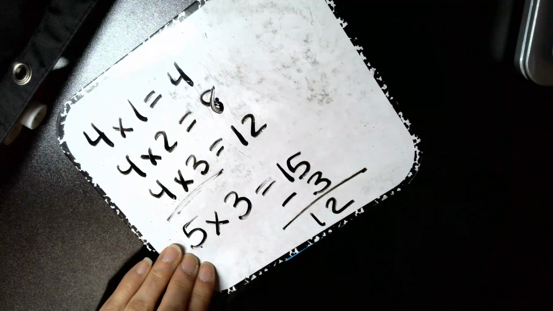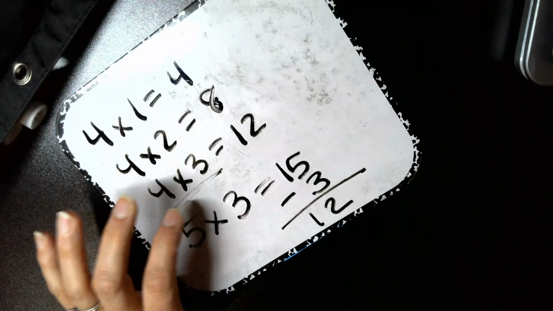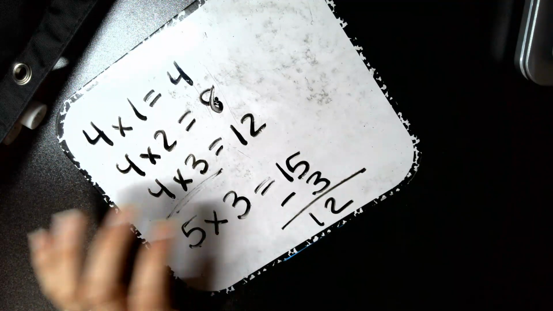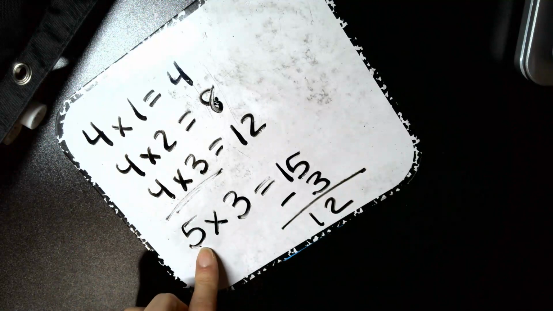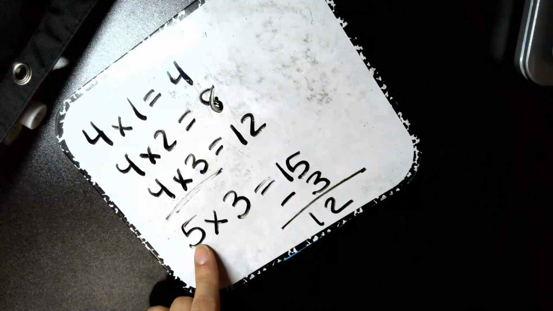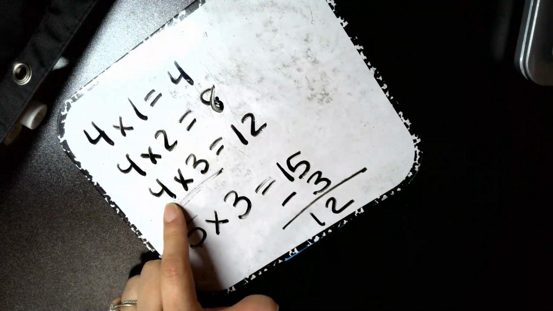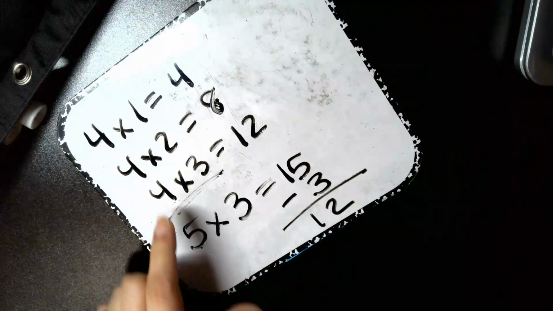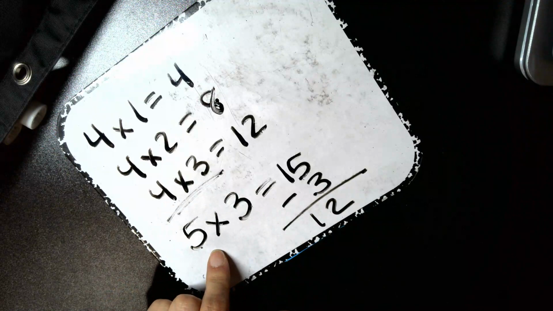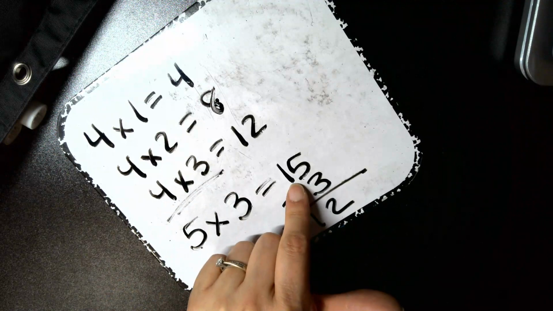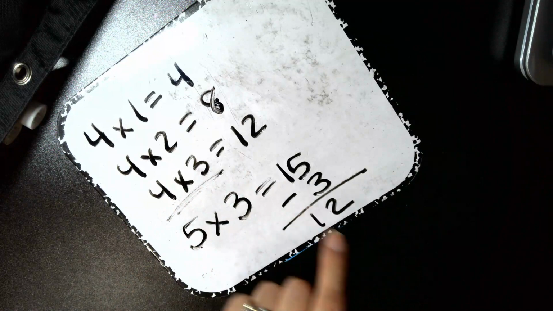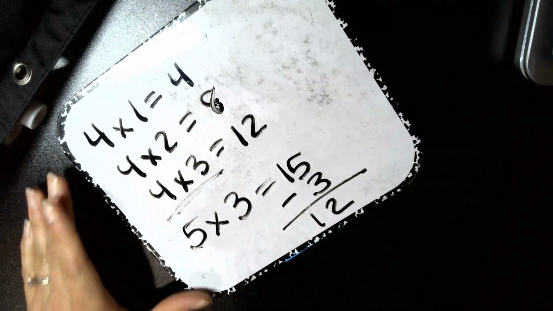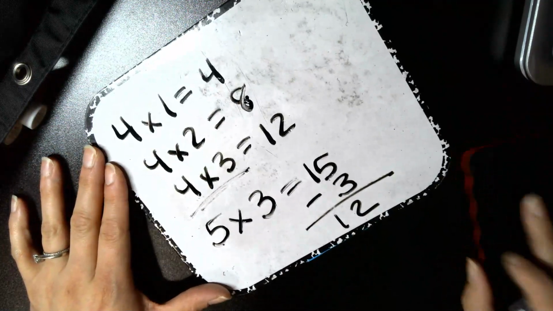If you know 5 times 3, but you do not know 4 times 3, then you just do 5 times 3, and it's 5 groups of 3, and this one's 4 groups of 3. So since it's one less group of 3, you just do 5 times 3 equals 15, and then you subtract that one group to get to 4 times 3, and you'll get the 12. Okay, so that's a little trick for the 4's if you've forgotten.